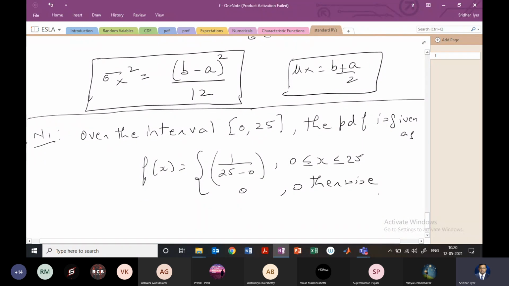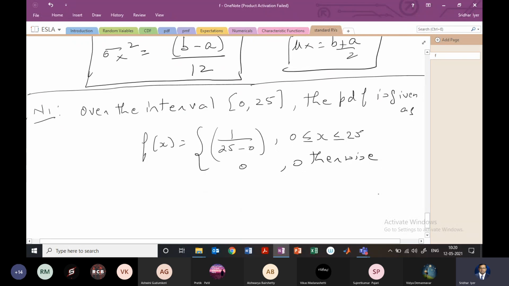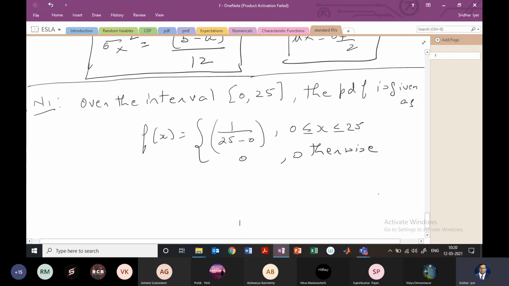So it says find the mean value and the variance value, right? So you can relate this PDF to the uniform random variable because it is of the form 1 by (b minus a) for x between a and b and 0 otherwise, right?